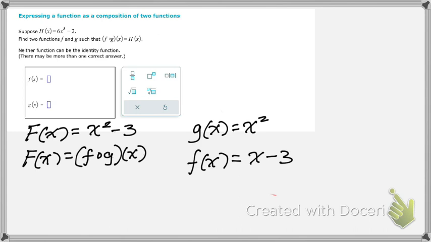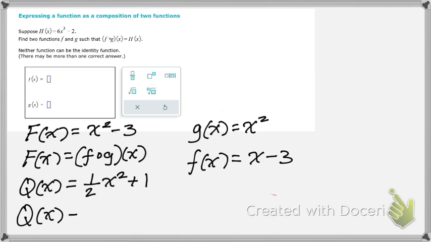So even if you don't 100% follow this, there's a pretty clear pattern happening. I'm not sure if on any of these problems we switch the f and g, so do be careful of that. Say that I had some other one here. Say I had q of x is equal to 1/2 x cubed plus 1, and that q of x is equal to g of f of x.